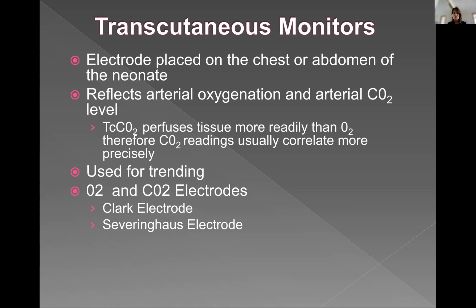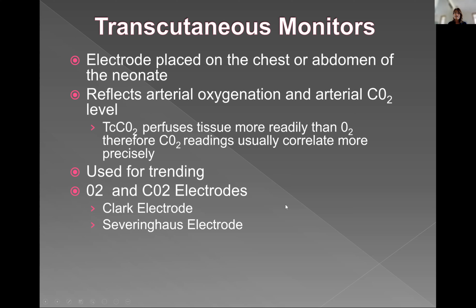Also measures oxygen level, not too close to arterial blood, but at least you can use it for trending. So here it says an electrode is placed on the chest or on the abdomen of the neonate. The electrode reflects arterial oxygenation and arterial carbon dioxide level.